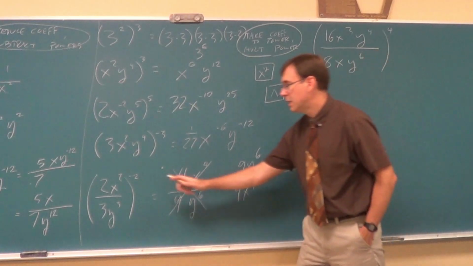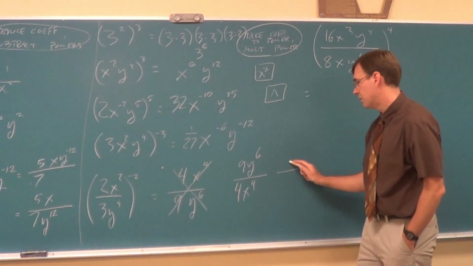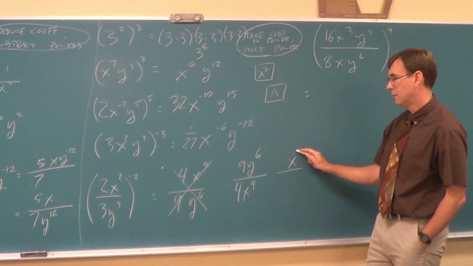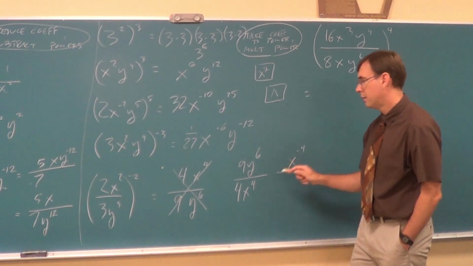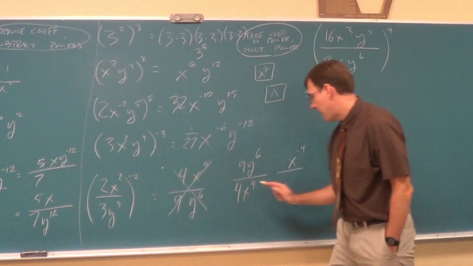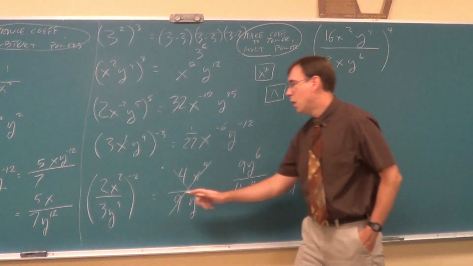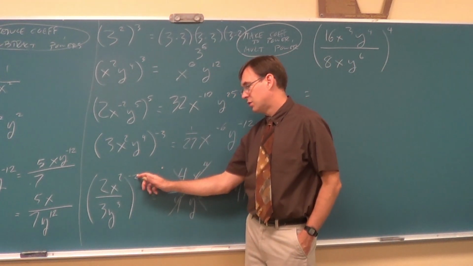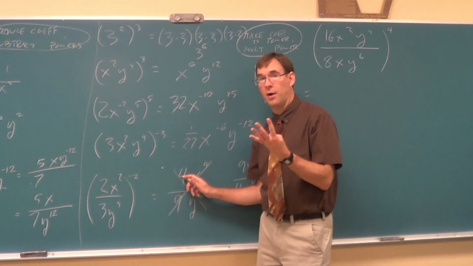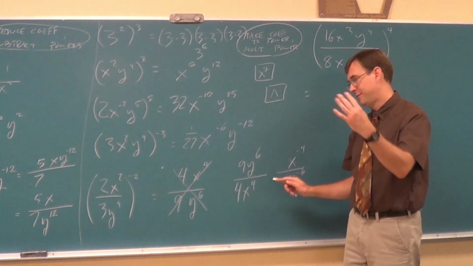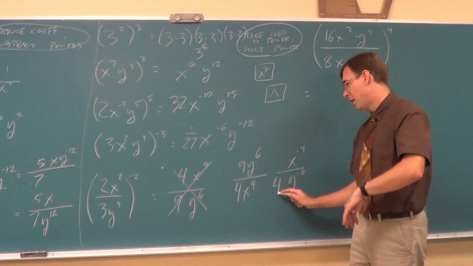Another way we could do it is just multiply the powers, so the top has x to the negative 4. The y, just multiply the powers, and y would be negative 6. When we do 2 to the negative 2, it does make 4, but it has to be put on the bottom.